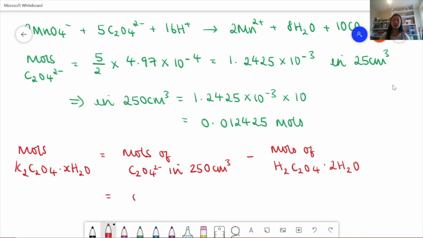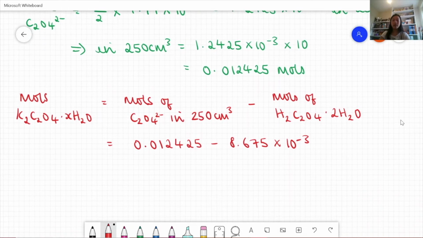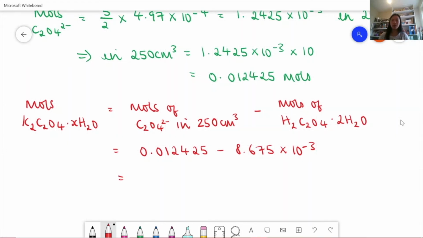And so we get 0.012425, and then before the moles of ethane dioic acid, we got 8.675 times 10 to the minus 3. So this gives us 3.75 times 10 to the minus 3 moles.